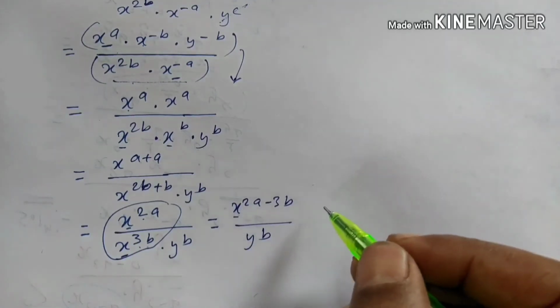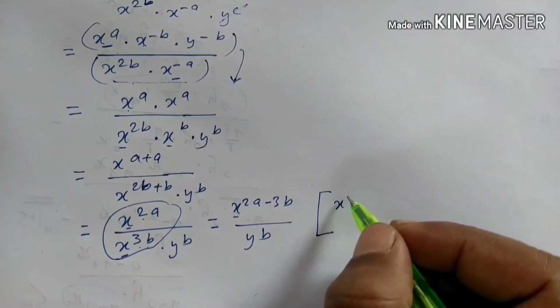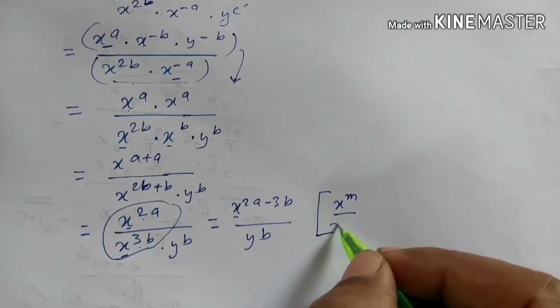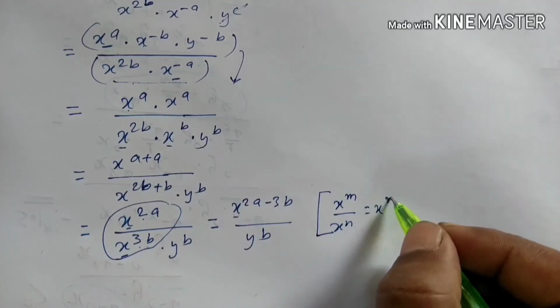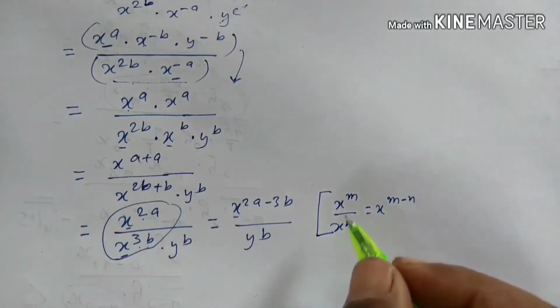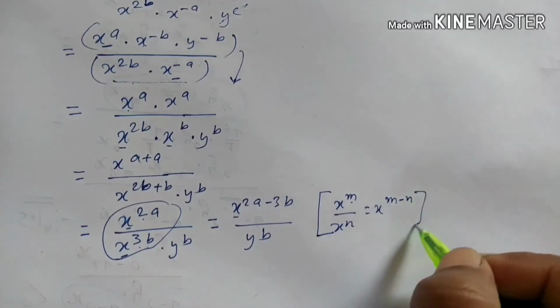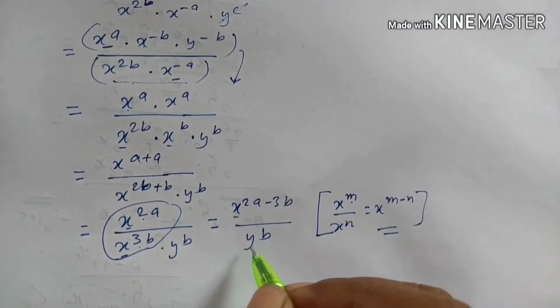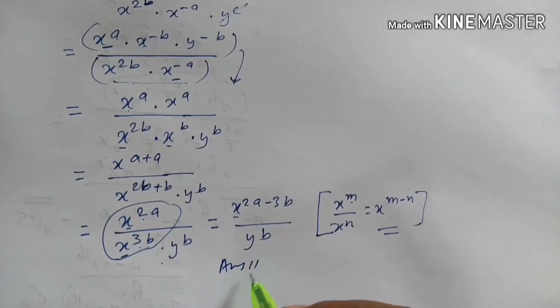It is because x power m over x power n is equal to x common, with the power being minus. This will remain the same and this will go upside, then become minus. Similarly, if you apply this formula here, then this term can be written like this. So it is the required answer.